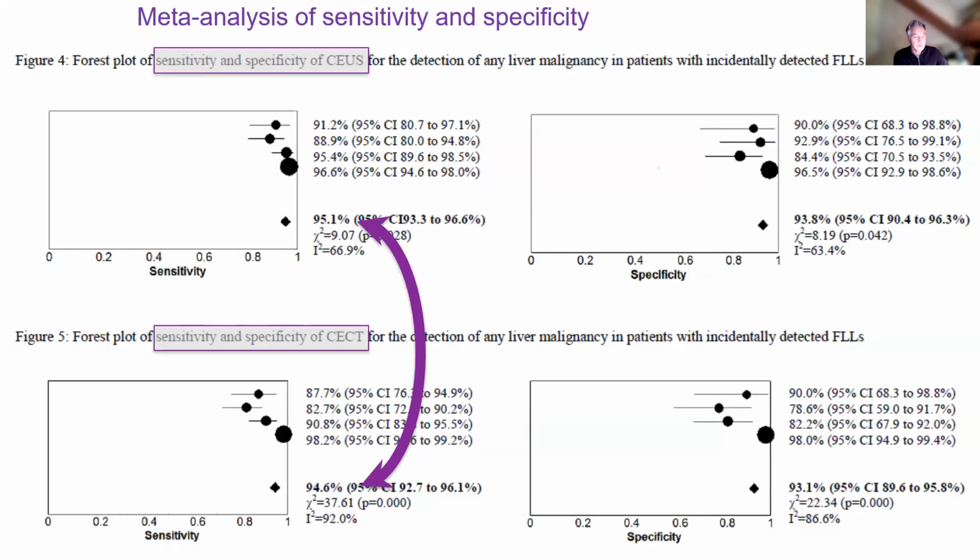So a slight difference, but obviously slightly in favor of contrast-enhanced ultrasound. And on the right-hand side, you see the results for specificity, right? Again, 100% is what you want. You see pretty high scores here, 93.8% versus 93.1%. And here again, contrast-enhanced ultrasound scored a little higher.